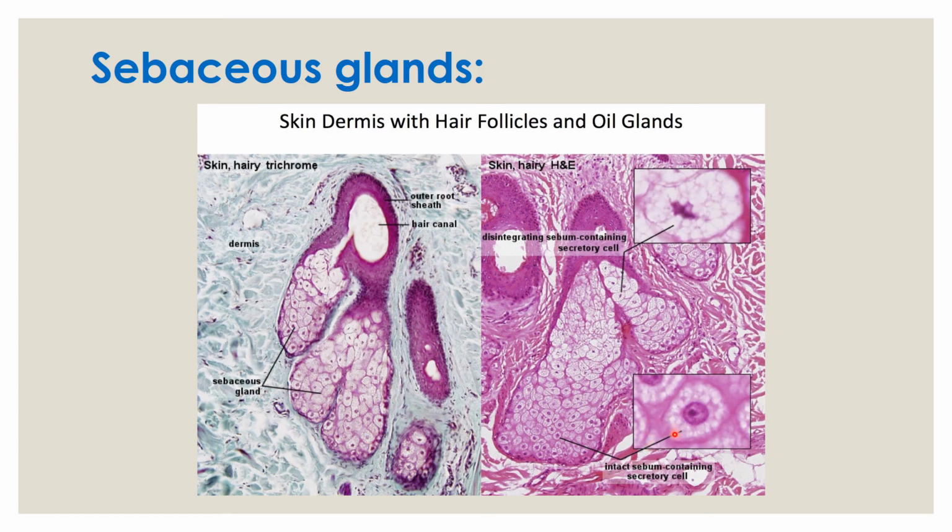Now you can see here the cells of these sebaceous glands. They are filled with lipids, and they are a very good example of the holocrine mode of secretion, and they pour their secretions by the holocrine method into their ducts.